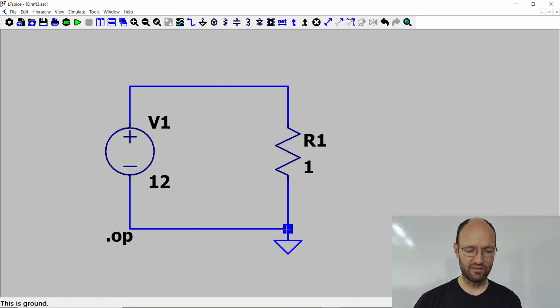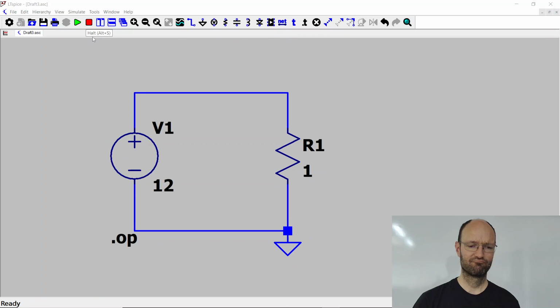And so now it says this is the ground of my circuit. This is still the first node. And once again, if I start the simulation, and now it's taking quite a time to run the simulation, which is kind of strange.